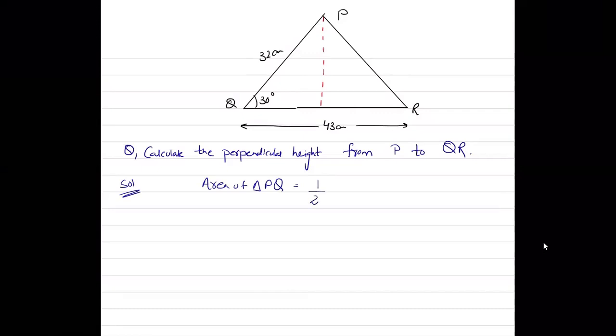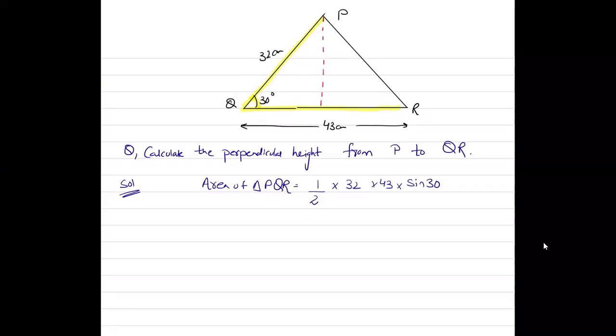Half times 32 times 43 times sine of 30. You have been given two sides and an included angle. This will give you the total area of the triangle PQR.